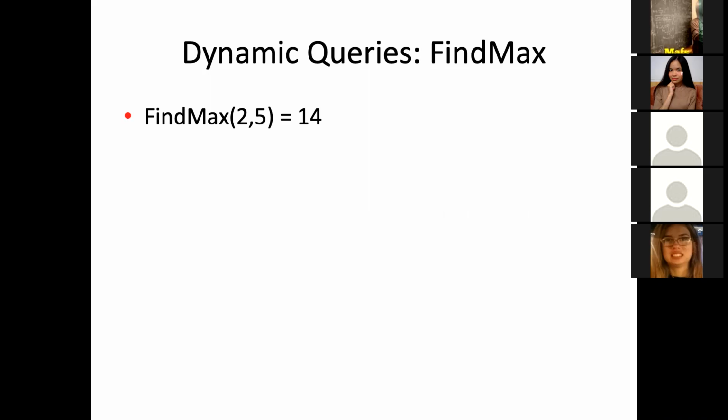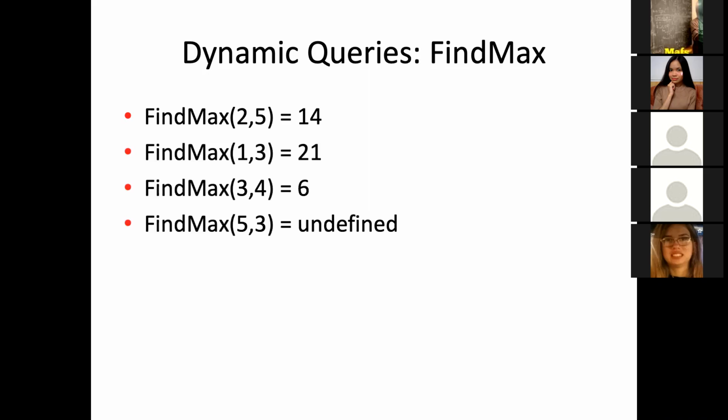Then I'll be given a fixed range within the array, and I would be asked to find the largest item in that range. So let's say here is our array. I have 21, 9, 3, 6, 14, 11, and 7. You can see that it's not in sorted order.